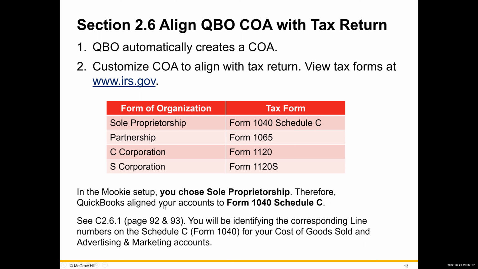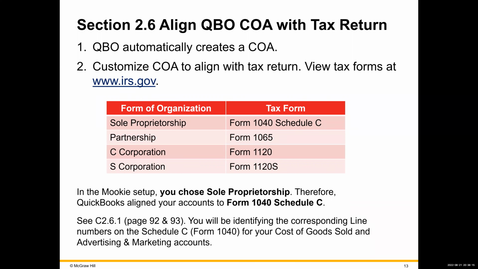Now, when you set up Mookie, you chose sole proprietorship. So that means that the tax form that you're going to align with is going to be the 1040 Schedule C. Okay. And notice here that on page 92 and 93 of your textbook, especially on 93, I ask you, where is cost of goods sold on the Schedule C?